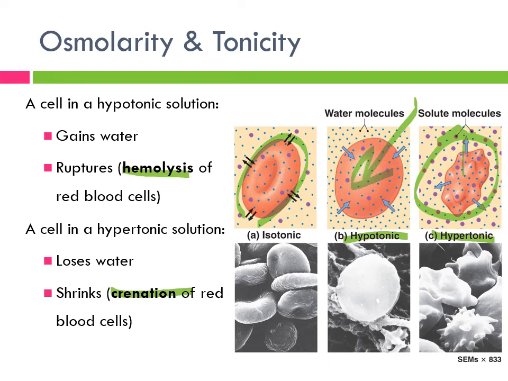When a red blood cell shrinks or crenates, it can no longer function. So it's important that our body is always full of these isotonic fluids so that we can still function. Our red blood cells carry oxygen to all of our tissues, and they're extremely important. So if they cease to function, then very quickly our entire body ceases to function.